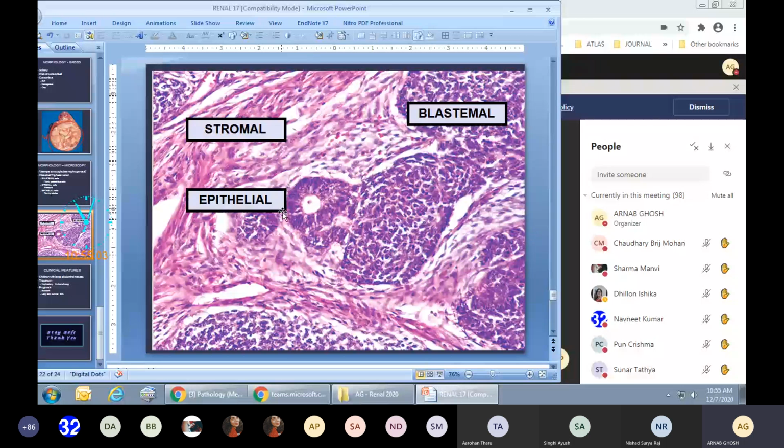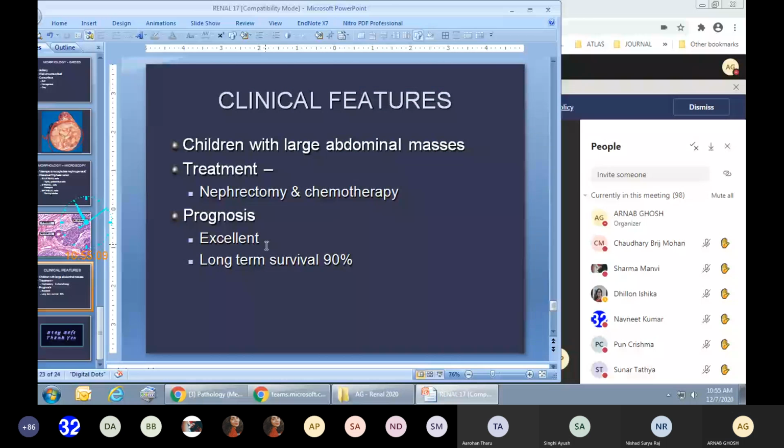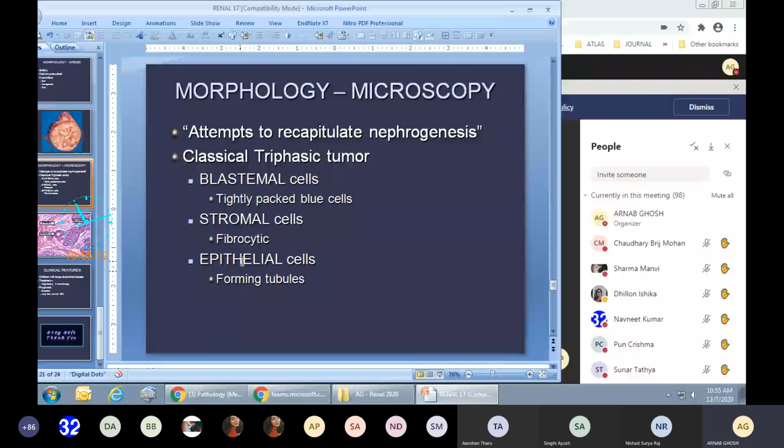The epithelial component, these are the epithelial cells which will form some abortive tubules. These epithelial cells will form some tubules which are mostly abortive tubules. Abortive tubule means these tubules are not properly functioning or not connected. So they are forming, but the formation is not complete. So we call it abortive tubule.